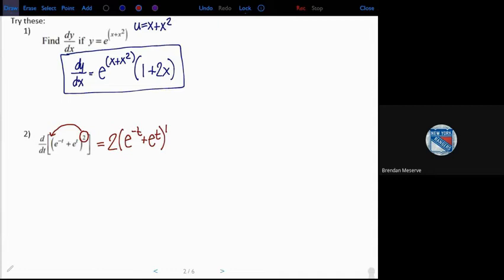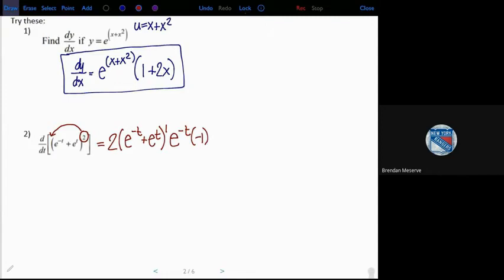And it's not until after I take care of that squared that now I have to zoom in and take the derivative of what's inside the parentheses. So this e to the negative t, even just a little negative sign turns it into an e to the u. So the derivative of e to the negative t is itself e to the negative t, but then times the derivative of u, which is -1.